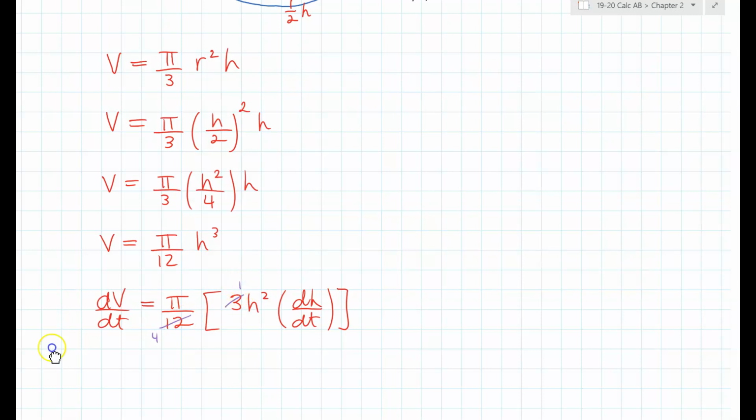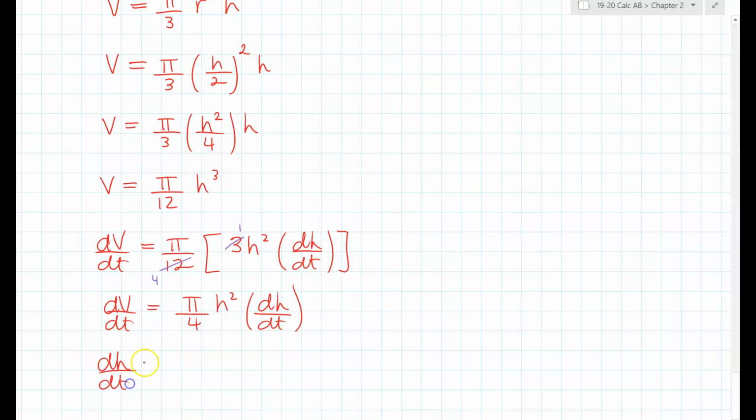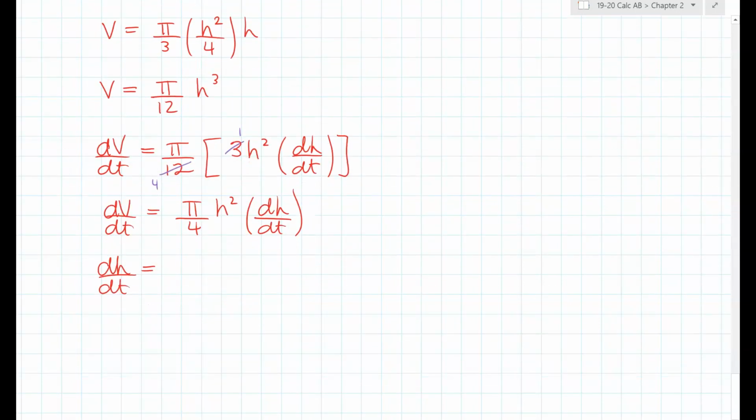So we have dV/dt equal to pi over 4 h squared dh/dt. Now remember, I'm trying to solve for dh/dt, so I'm going to divide everything by pi over 4 h squared. So dh/dt is equal to dV/dt divided by pi over 4 h squared.